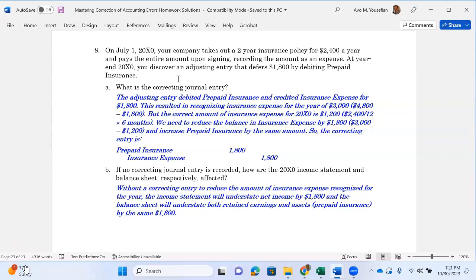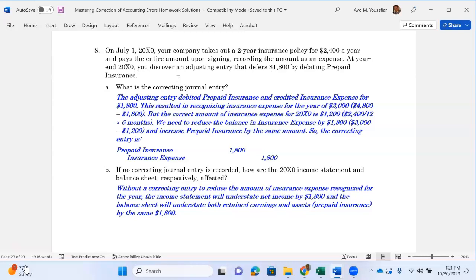Okay, we did this on July 1st. So July is included. July, August, September, October, November, December. That's 6 months. Let's count it again. That's 6 months. Always count twice, okay, to make sure.